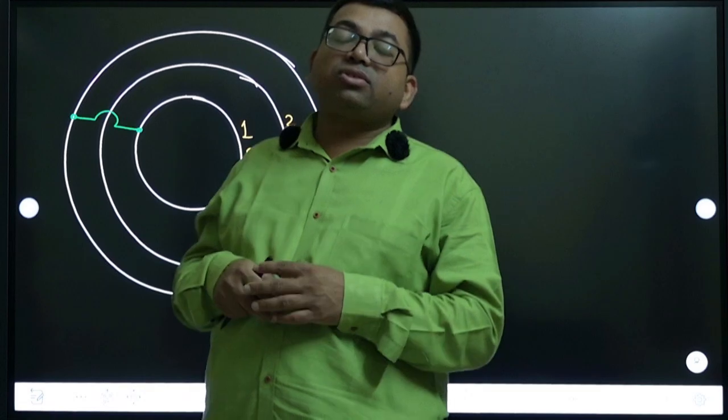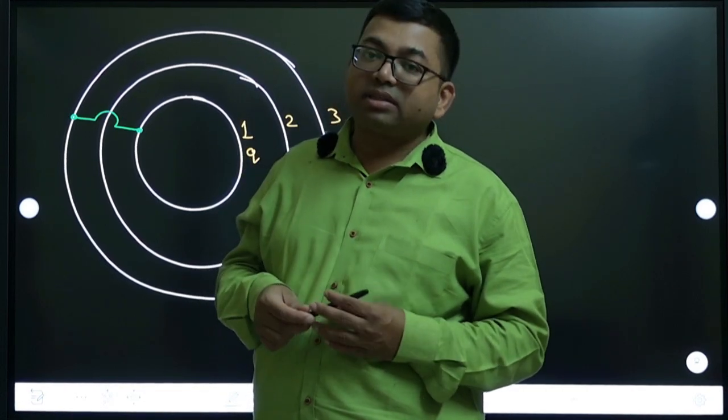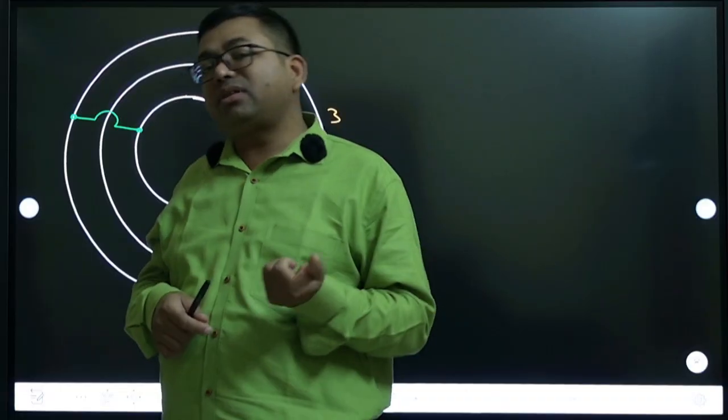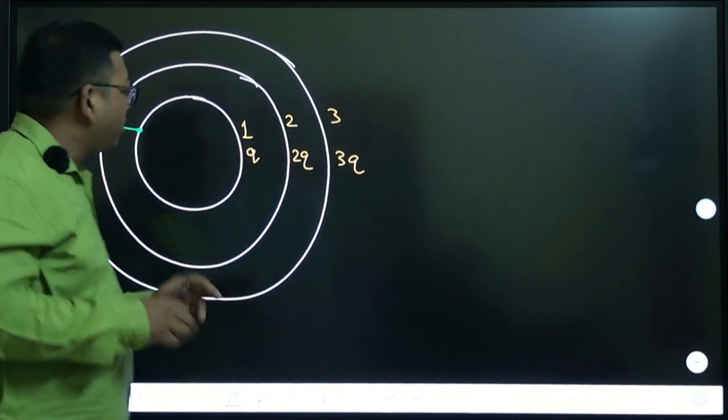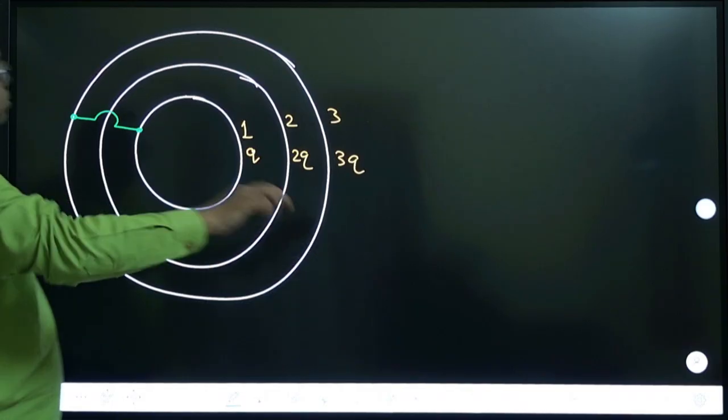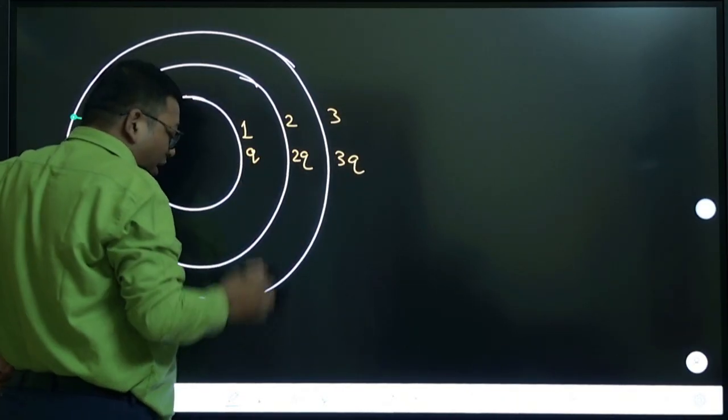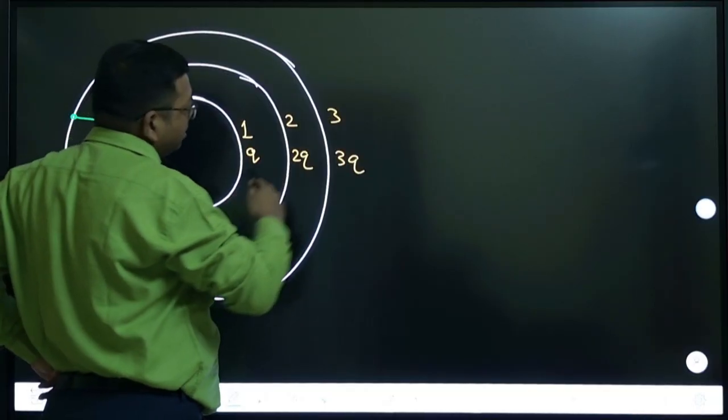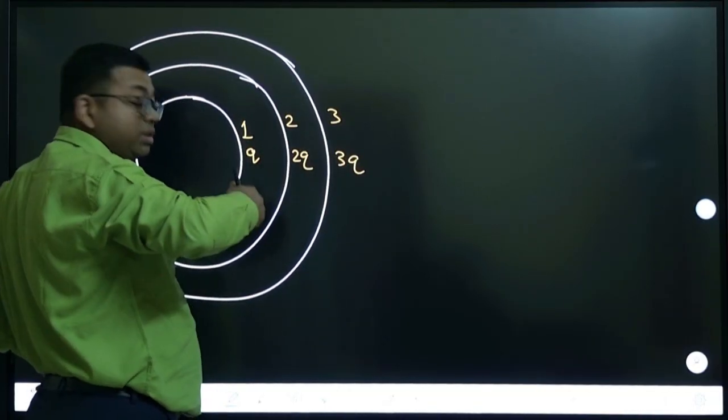How to find charge distribution? Initially, if you want to show the charge distribution, you can show it. And note that induction happens from inside to outside, not from outside to inside.